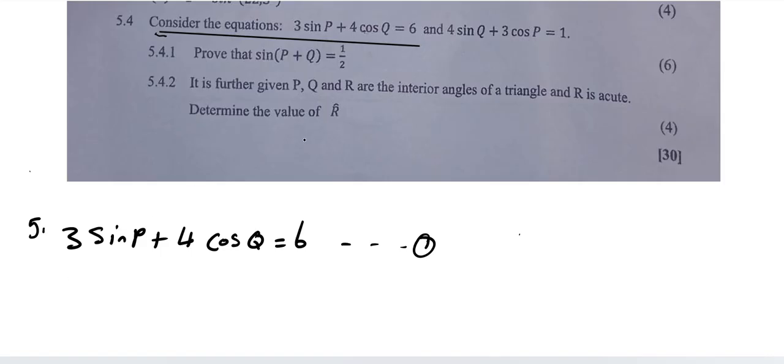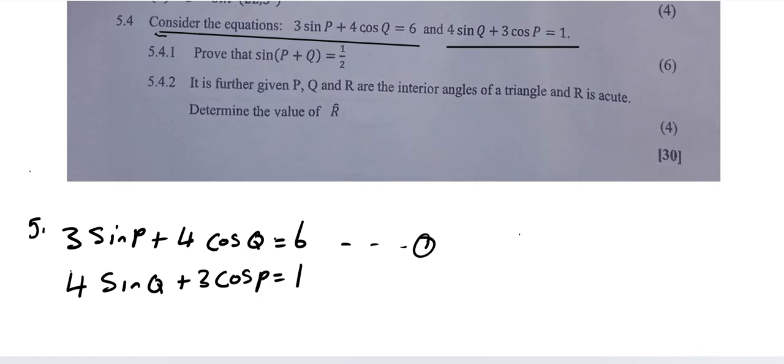And then our second equation says 4 sine q plus 3 cos p is equal to 1. This is our equation number 2.